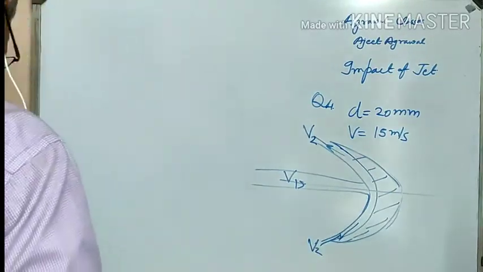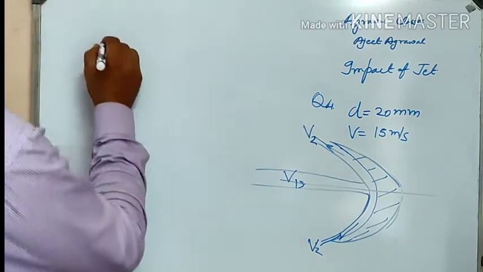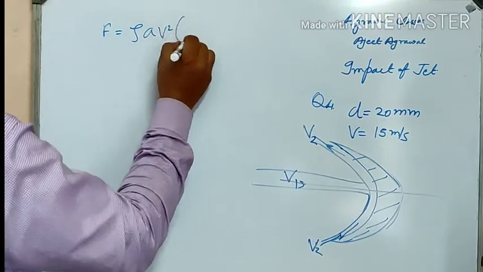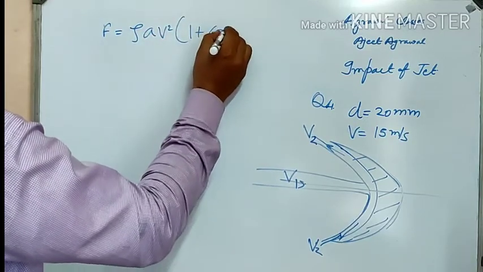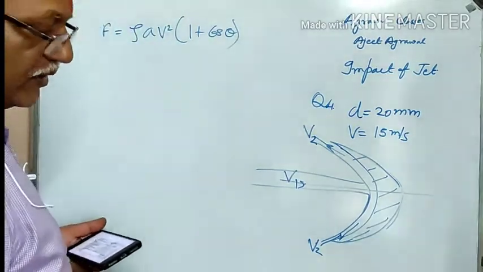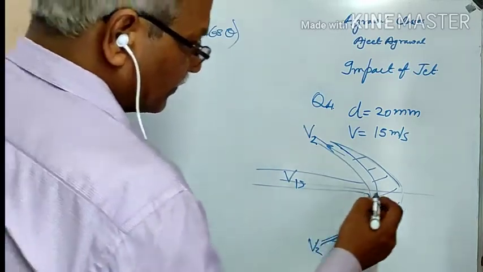If we assume that the plate is frictionless, then the force exerted by the jet is given as F equals rho a v square (1 plus cos theta). The jet is getting deflected by an angle of, in this case, 160 degrees.